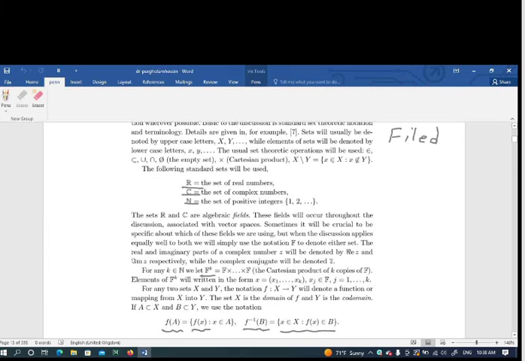We use F as a field like R or C, and F power K equals the Cartesian product of F, K times.